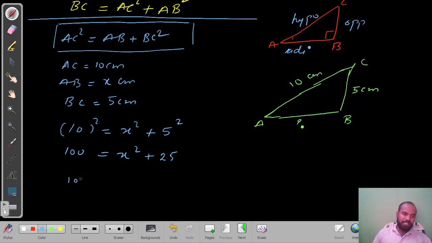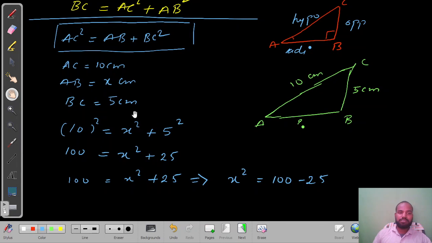Now 100 equals x square plus 25. So now what will you do? Send this 25 to the other side. Then x square equals 100 minus 25. Yes or no? Yes, it is right.